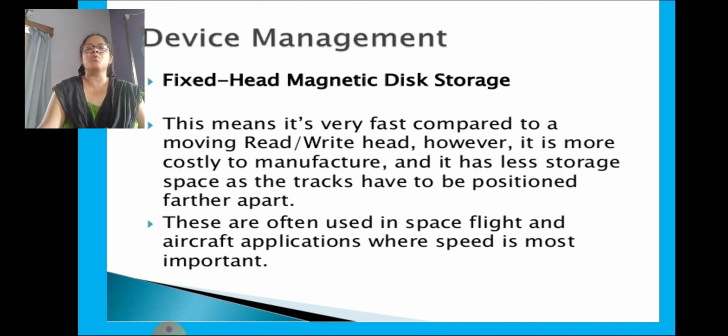However, it is most costly to manufacture and it has less storage space as the tracks have to be positioned further apart. These are often used in space flight and aircraft applications where speed is most important.